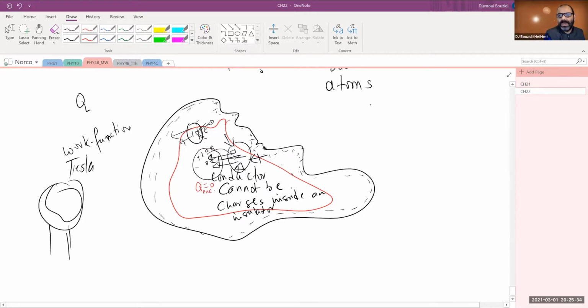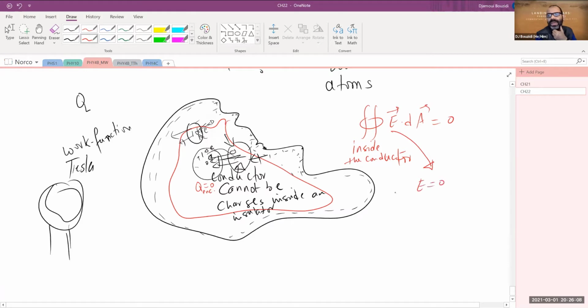So if I apply Gauss's law on this surface, the integral over any closed surface inside the conductor of E dA must be 0, because there are no charges enclosed. It's equal to the charge enclosed divided by epsilon naught, so this is 0. Since this surface is arbitrary, the only way for this integral to be 0 is if the integrand is 0, if E is 0. So there is no electric field inside a conductor.